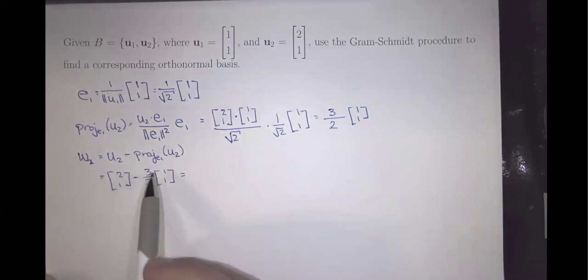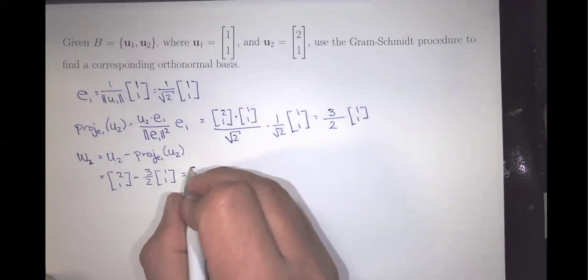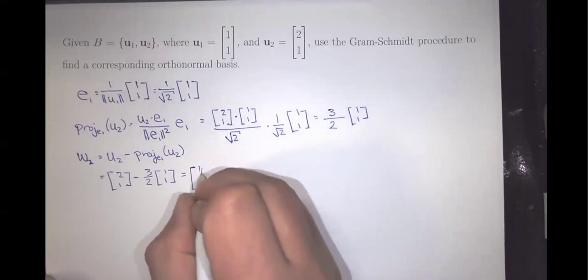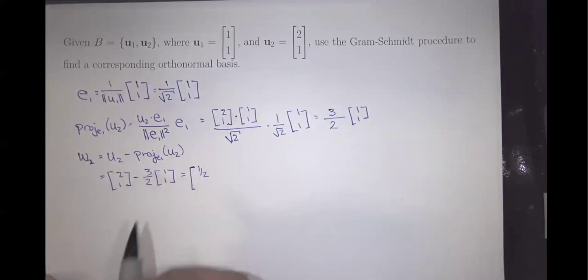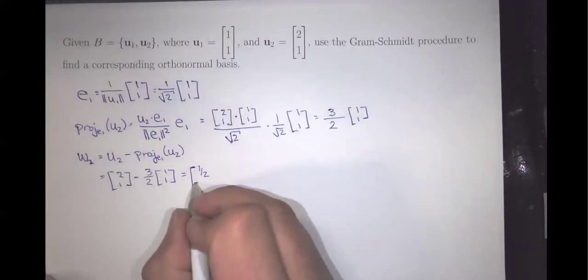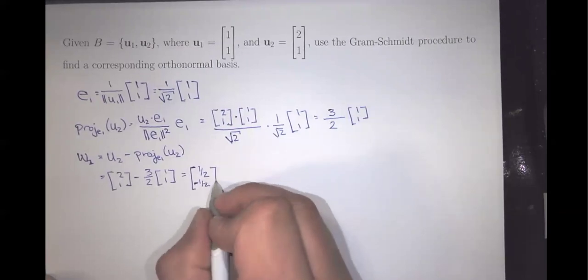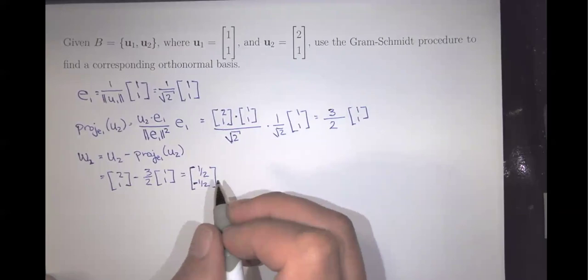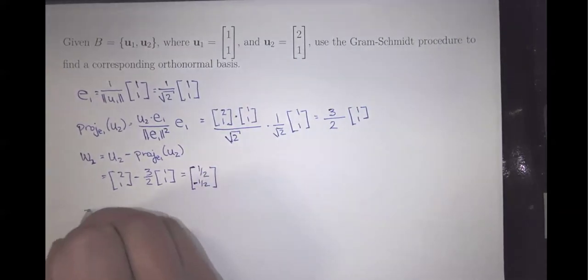So we've got 2 minus 3 halves, so that's 1 half. Then we have 1 minus 3 halves, which is negative 1 half. And then, of course, we've got to normalize this. That's our e2.